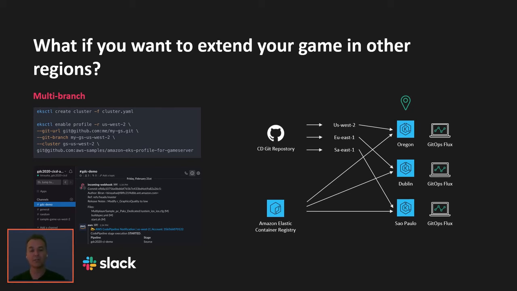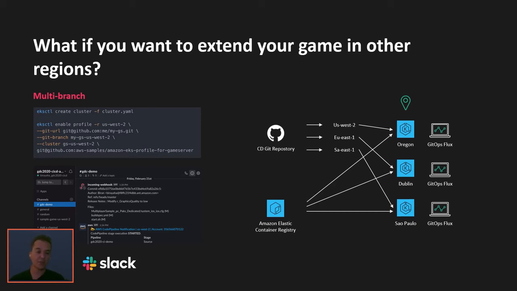Now it is very simple, because we're going to follow the same Git branch approach, where we provision a cluster in the same way that Nilam showed you in the previous slides, but also for each cluster, for each region, or whatever construct you want to use, we create another branch.